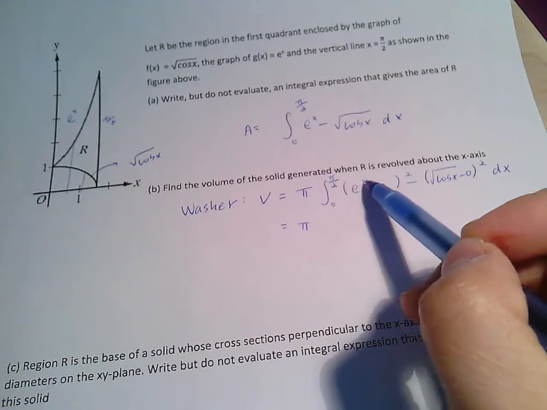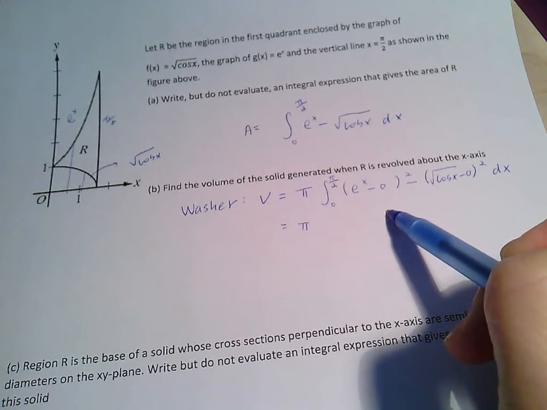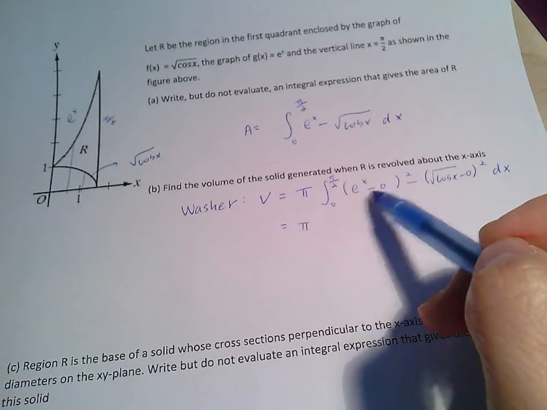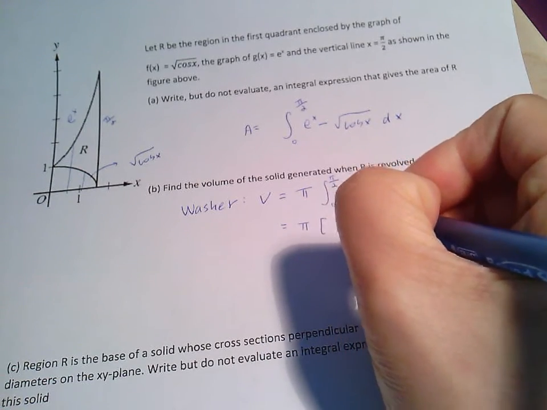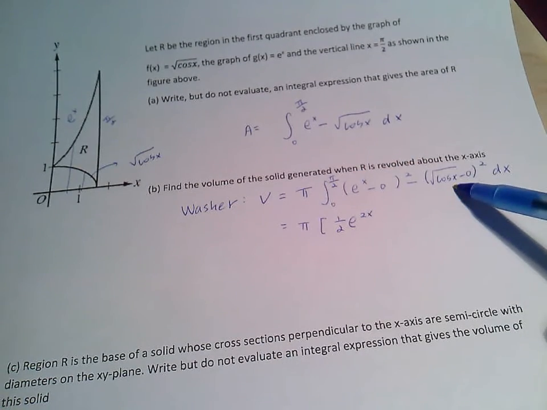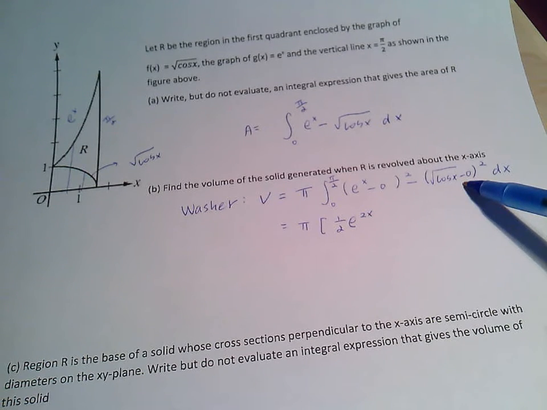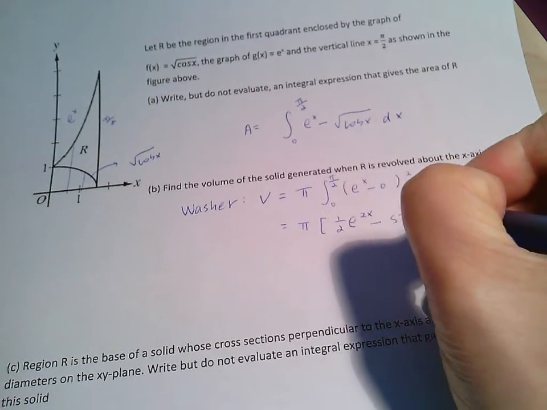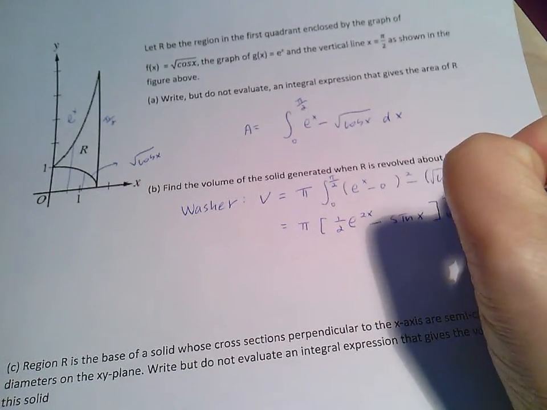A lot of your antiderivatives were 2 times e to the 2x, but this isn't a derivative, so you have to flip it, which is 1/2 e to the 2x. For cosine x, what is the antiderivative of cosine? Isn't it sine? So minus sine x, bounded by 0 to pi over 2.